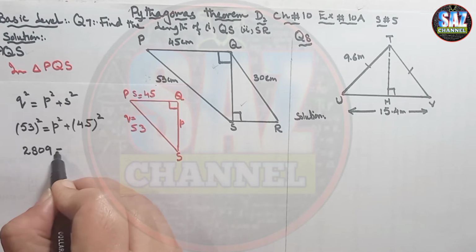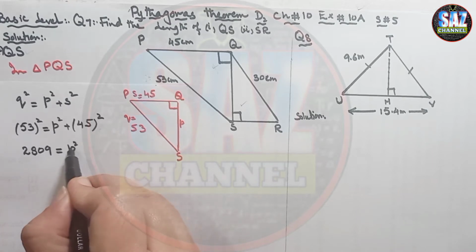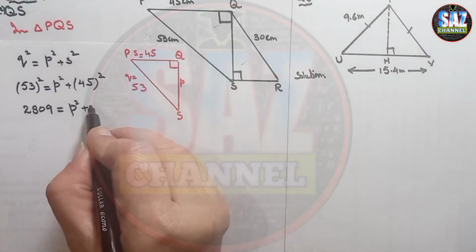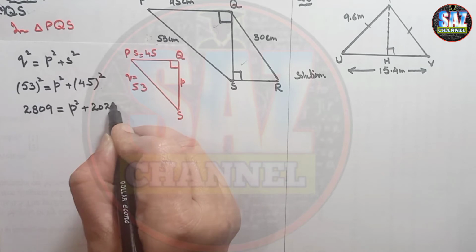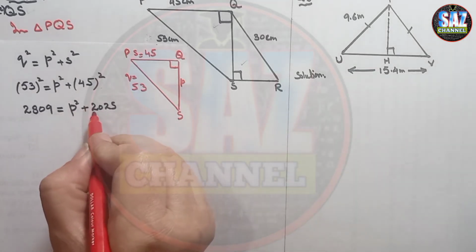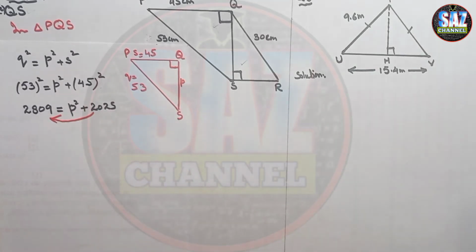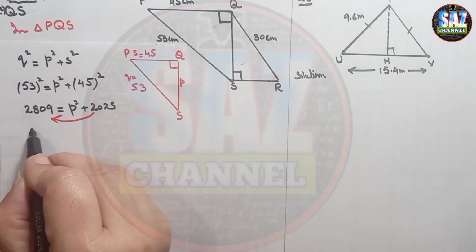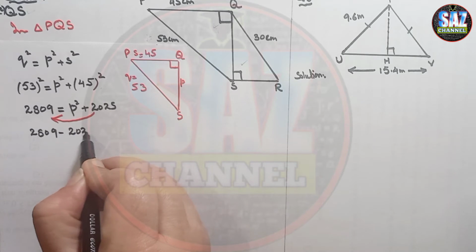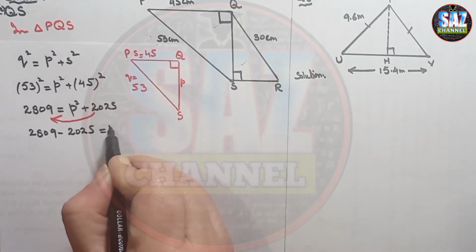So 2809 equals p square plus 45 square, which is 2025. Now we simply shift this 2025 to the other side, and the equation takes the form 2809 minus 2025 equals p square.